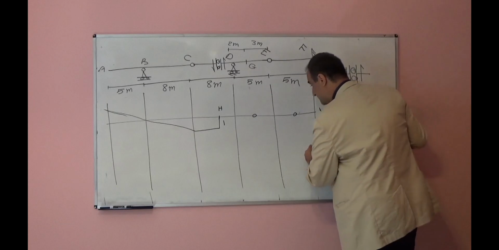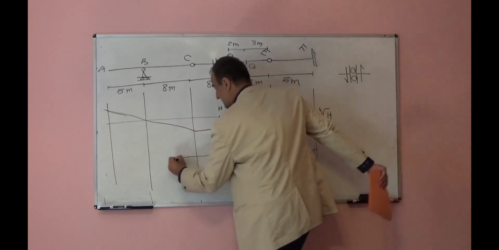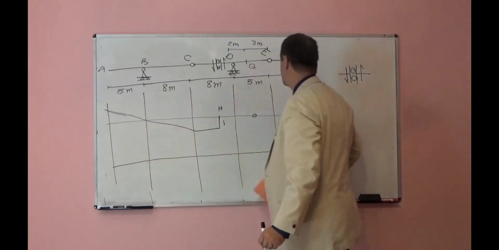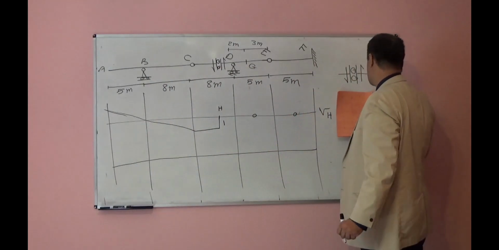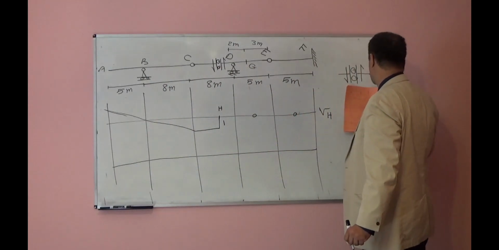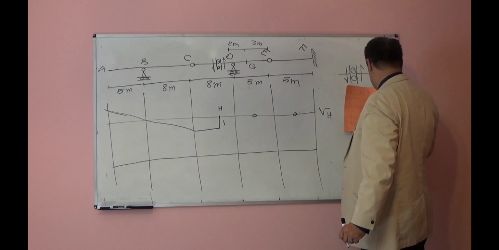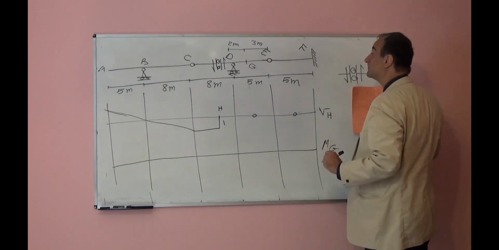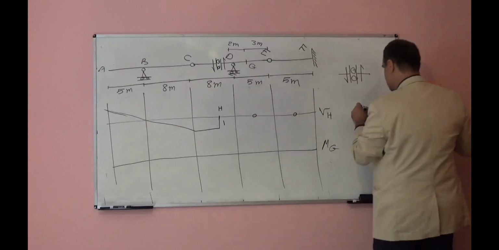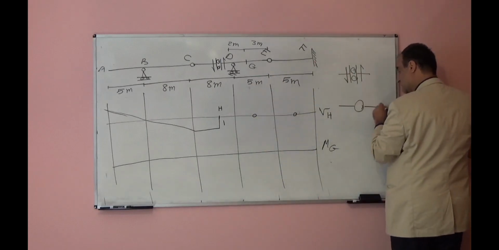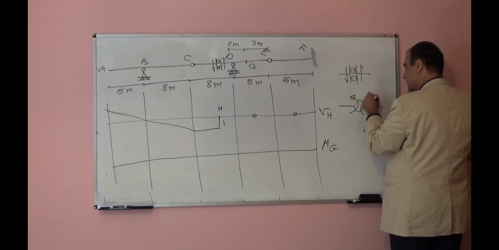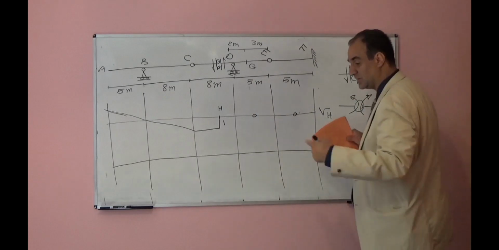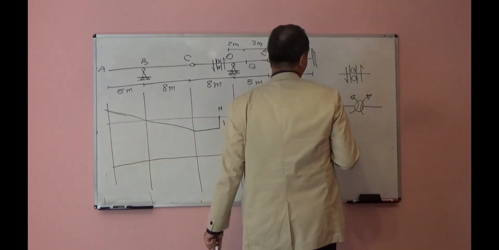Okay, influence line for bending moment at point G. This point, you will apply a hinge, you will cancel the bending moment over there, apply rotation in the positive direction.